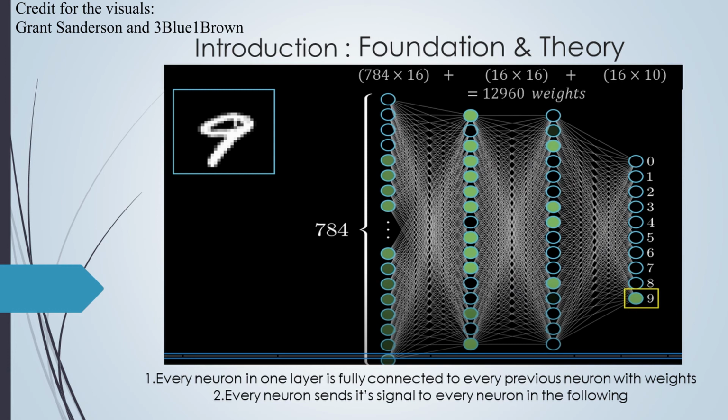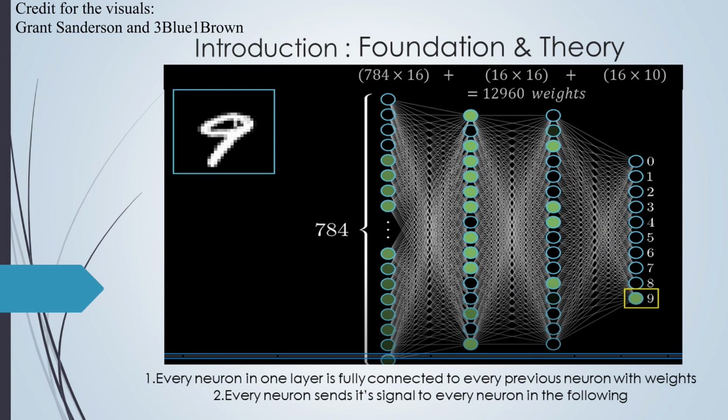I can't stress this enough. Every neuron in one layer is fully connected to every previous neuron with weights. And every neuron sends its signal to every neuron in the following layer. In this particular model, there are 784 direct inputs, using the pixels in the image.